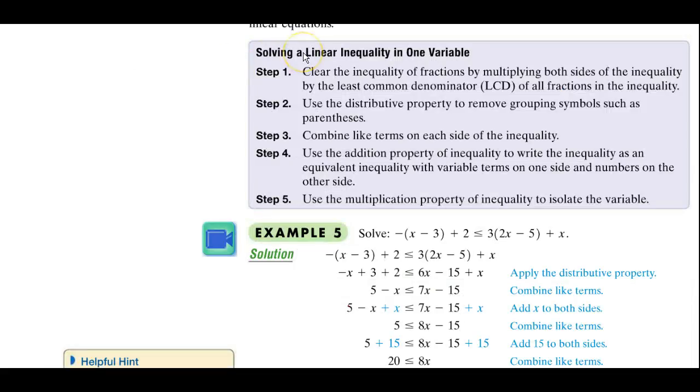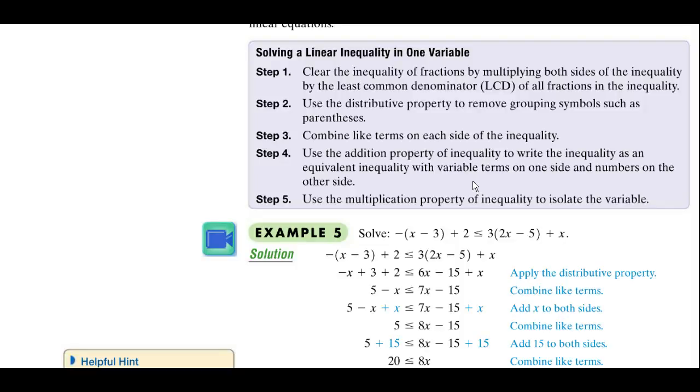In your textbook, they give you this series of steps again. If there is a fraction, get rid of the fractions. Get rid of grouping symbols. Combine like terms. Then transpose by adding or subtracting as needed to get all the letters on one side.